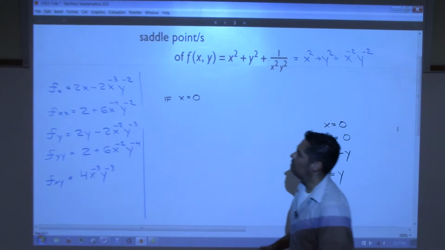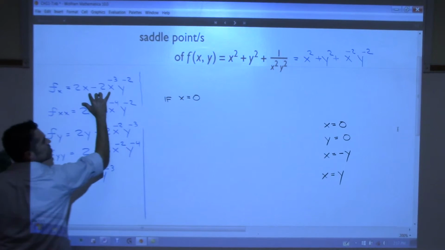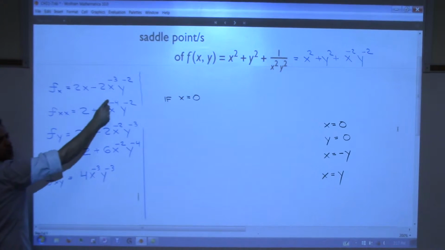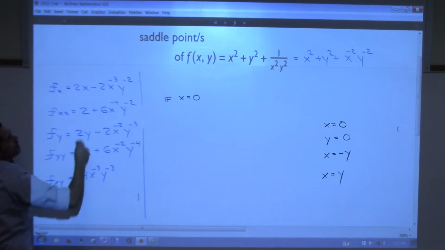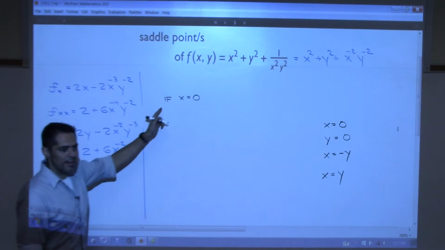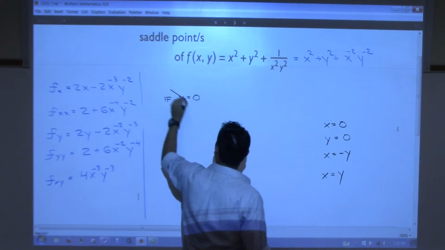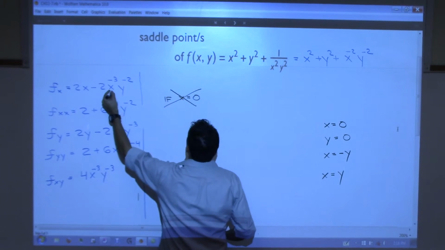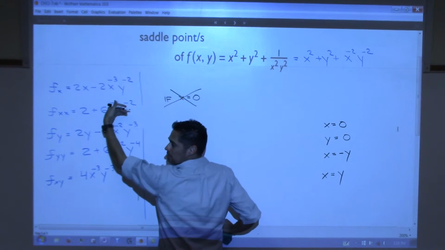If x is 0, it's going to satisfy the first equation, right? Look at this first one. Oh, wait, hold on. I'll have division by 0, won't I? That's no go. Do y'all see that? This can't happen then. Remember, that's division, isn't it?